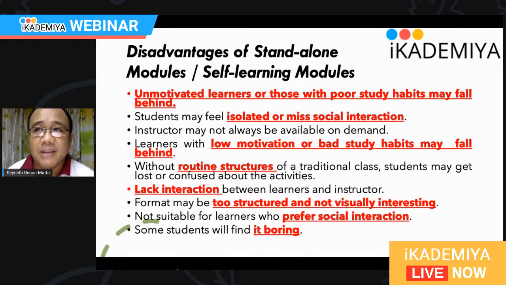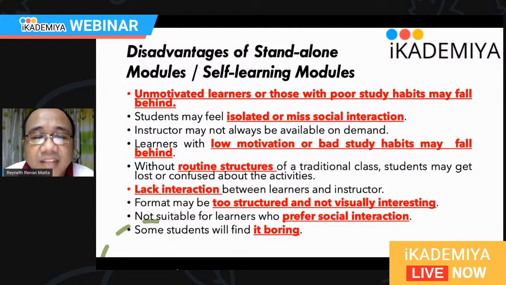So it's very important when you deliver your modules to your students, make sure that you first establish good study habits. Addressing this is by creating routine structures that enable students to follow or be guided with your standalone or self-learning modules. Lack of interaction between learners and instructors is also a vital key for the success of these modules.